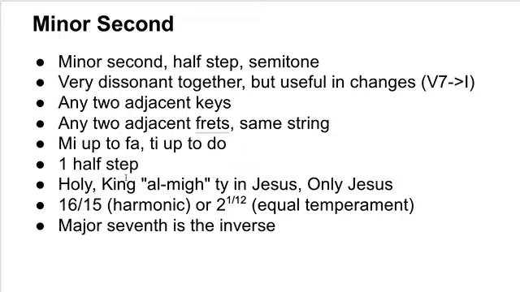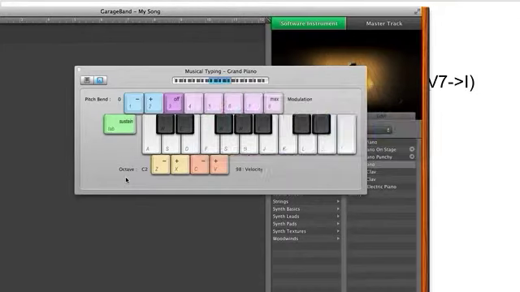It's any two adjacent keys on the keyboard, so a white key to its neighbor black key. Between E and F there is no black key, so those two are a half step apart, and then from B to C there is no black key in between.